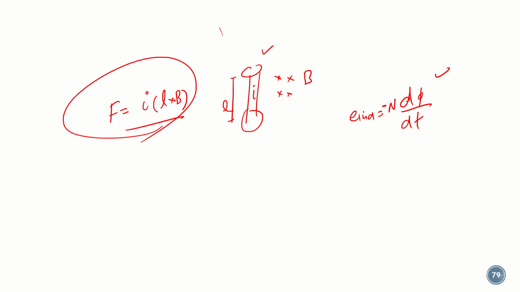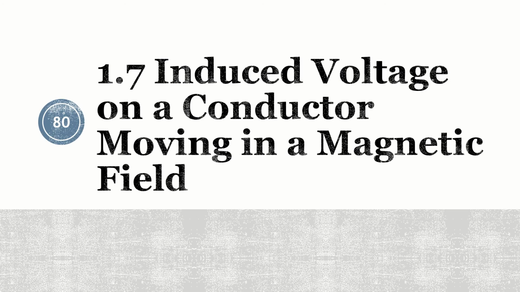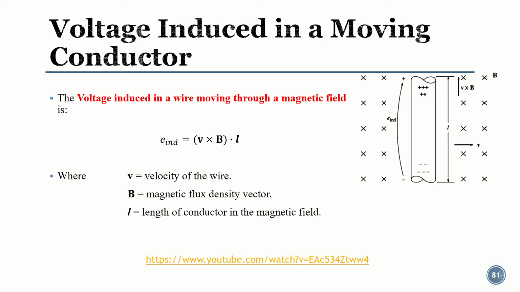So now we are going to study the next topic, which is the induced voltage on a conductor moving in a magnetic field. For example, this is a magnetic field B into the page, and this is the wire, which is moving inside the magnetic field with a velocity v.